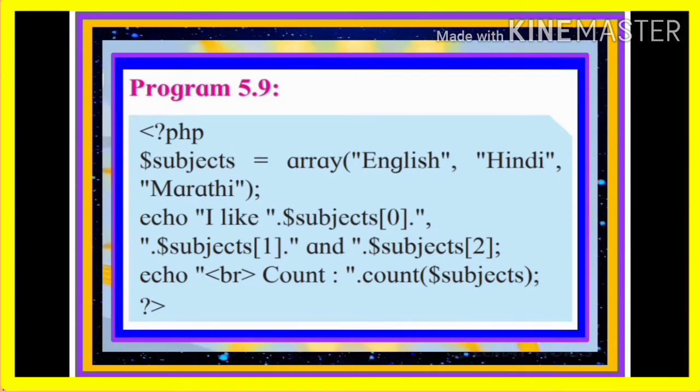The third line uses the echo command to display elements respective to the index.